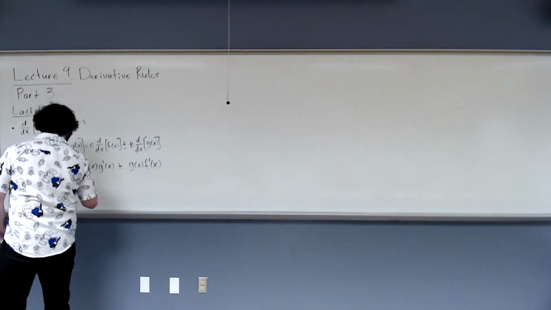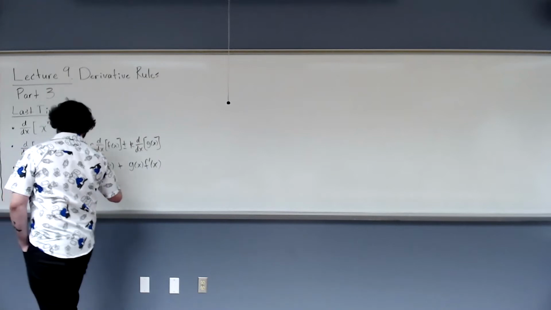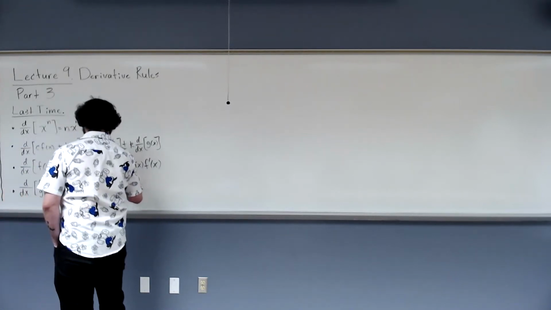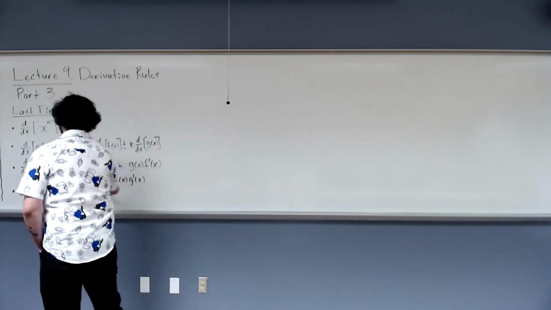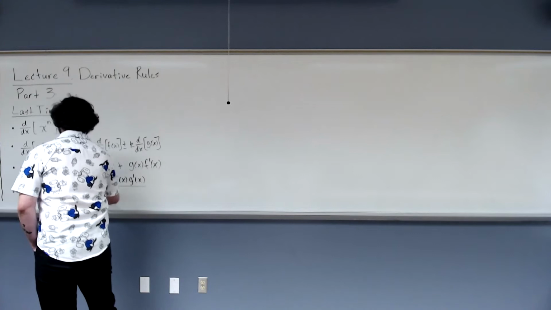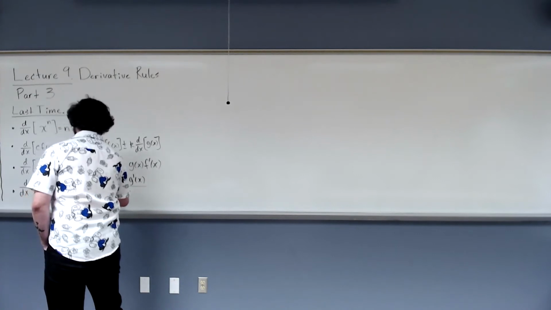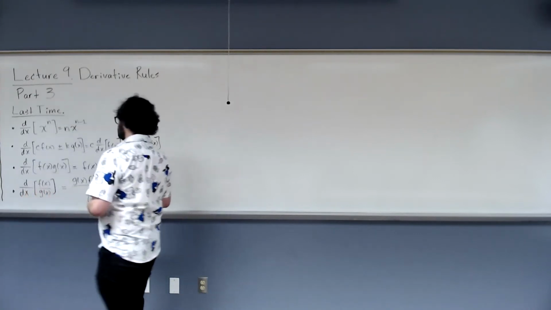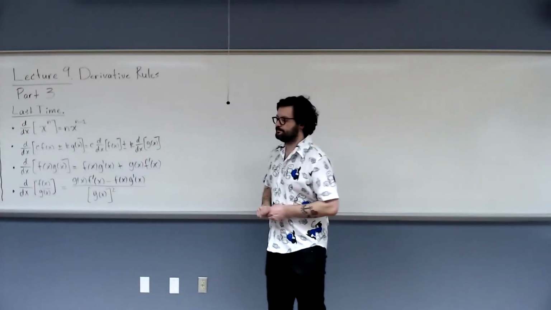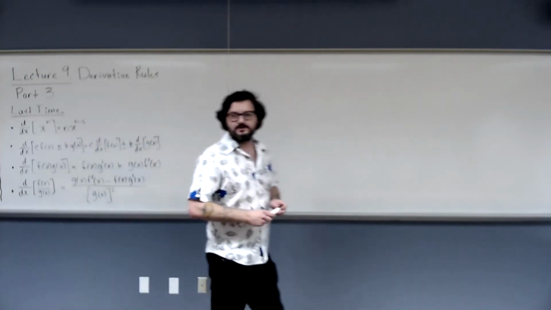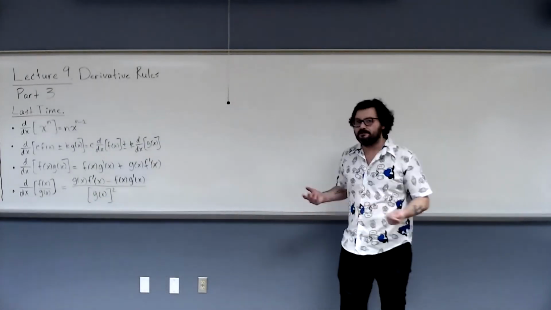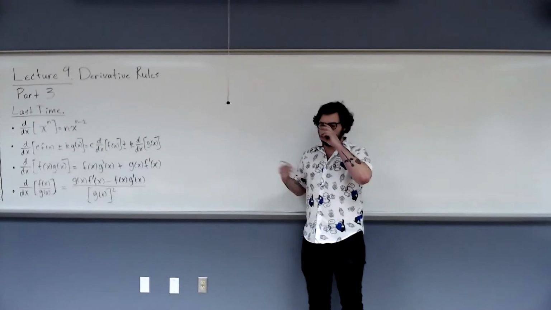It's g of x times f prime of x minus f of x times g prime of x, all over g of x squared. So that's almost an exhaustive list. Of course, we talked about the derivative of cosine and sine, which, using some of these rules, we can use to derive the derivative of tangent, cotangent, and all the other trig functions as well.